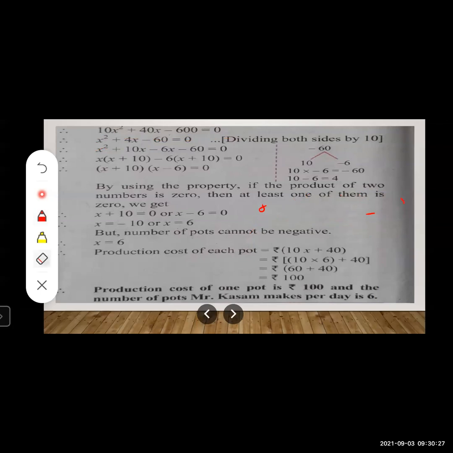In this way, you should divide both sides of the equation by 10. So what will you get? This equation: X square plus 4X minus 60 is equal to 0.